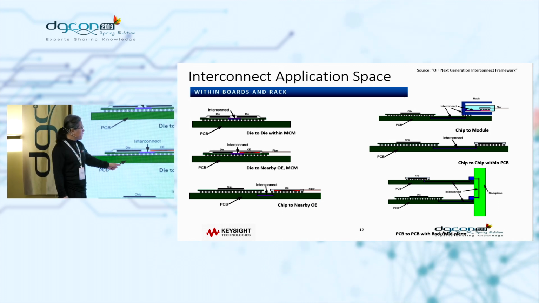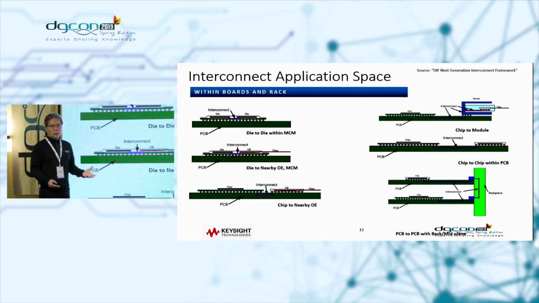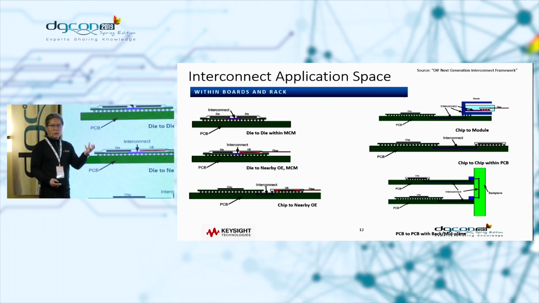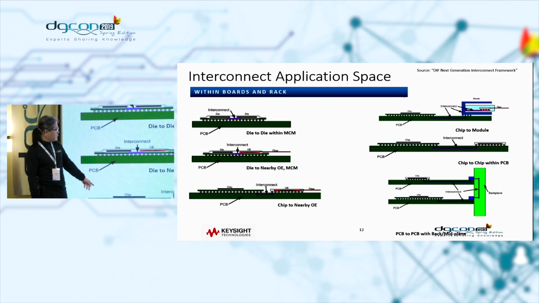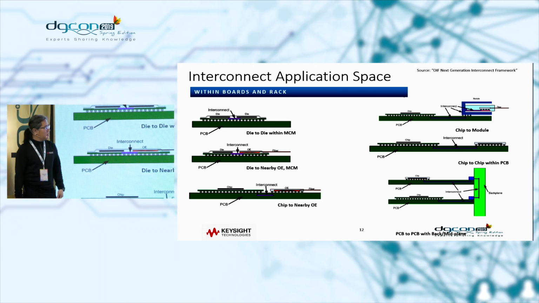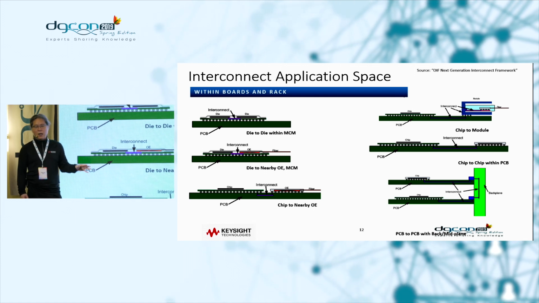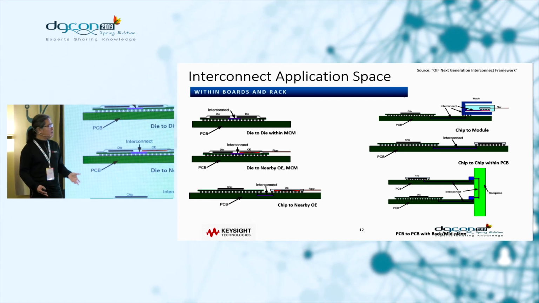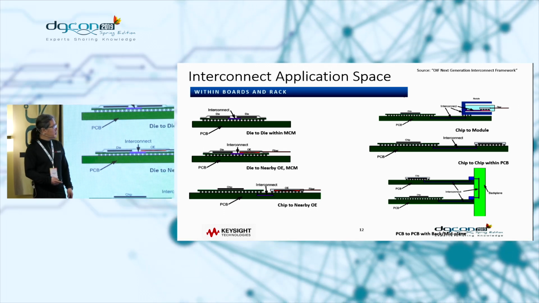But also you can make the other, die to nearby OE. OE means optical engine, right? So basically making the connection between electrical to optical, chip to nearby OE. There are a lot of different ways, including chip-to-module interconnects. So these are very typical interconnect application spaces you can find for typical Ethernet applications.